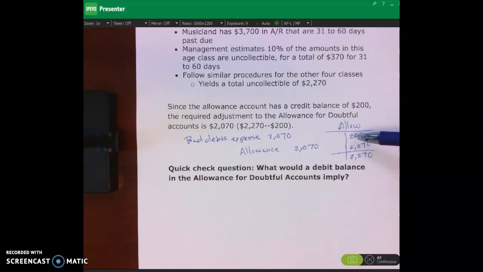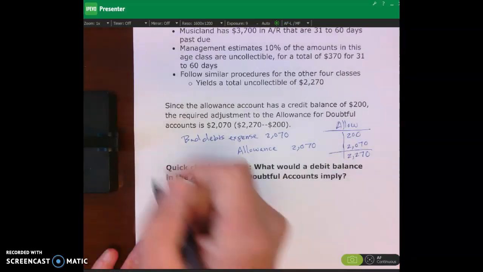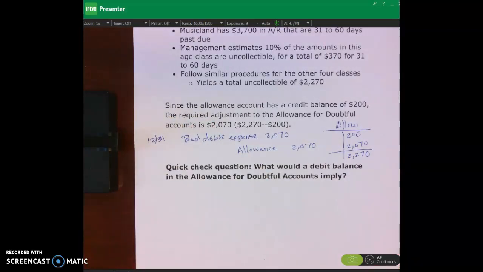So if we have a debit balance in the allowance for doubtful accounts before we do our adjusting journal entry here on 12/31, that means during the year we wrote off more receivables than we estimated at the end of the previous year. That's what that means.